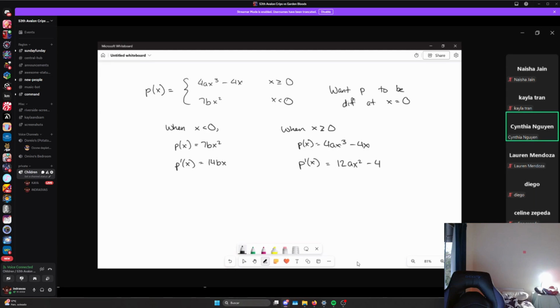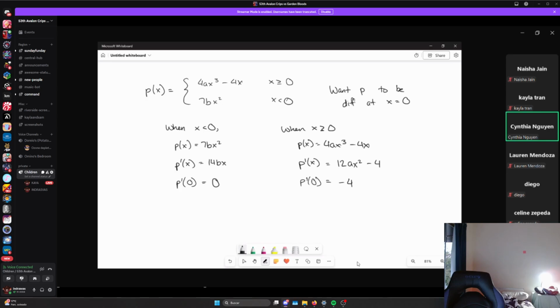And then you want to plug in to the derivative the point that you want to be differentiable at. So in this case, it's 0. Plug it in, this goes to 0. Plug this guy in, it's -4.